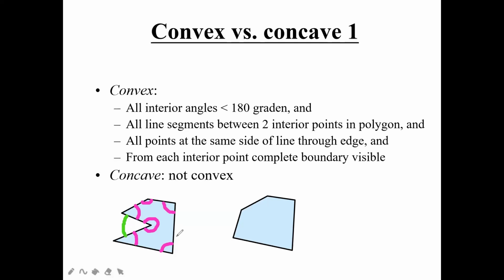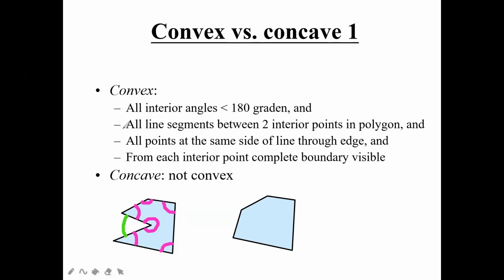So what does convex mean? Convex means all interior angles will be less than 180 degrees. So you have to check that if every angle is less than 180 degrees, then you can call this image a convex.